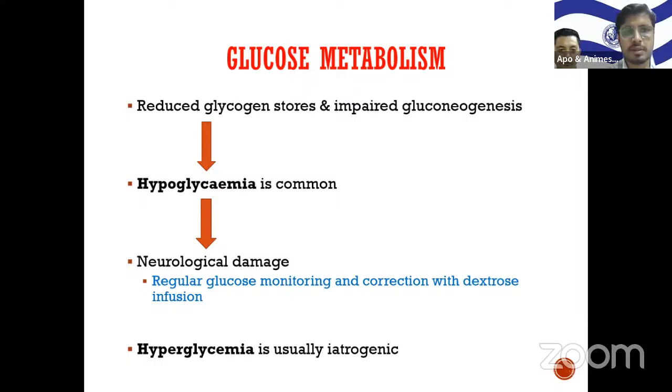We should take care of this, especially in preterms. For this, we should do regular glucose monitoring and treat hypoglycemia with dextrose infusion. Hyperglycemia in neonates is usually iatrogenic.